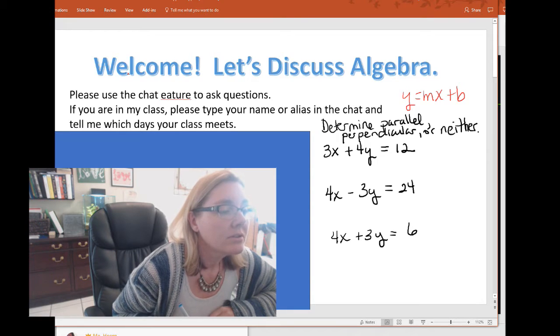So the first thing we're going to do is always to move the x term over. So for example, in this first equation, we have to subtract 3x, so we have to subtract it on both sides.